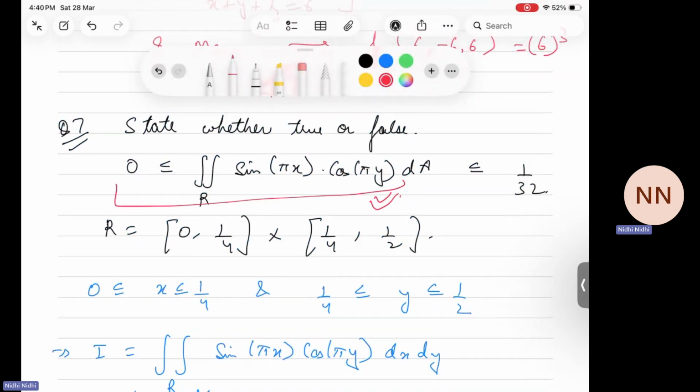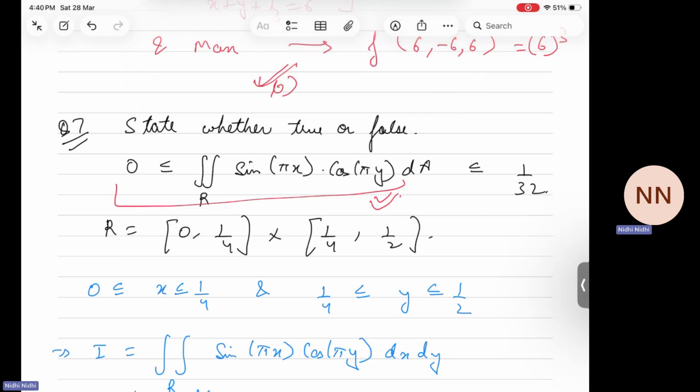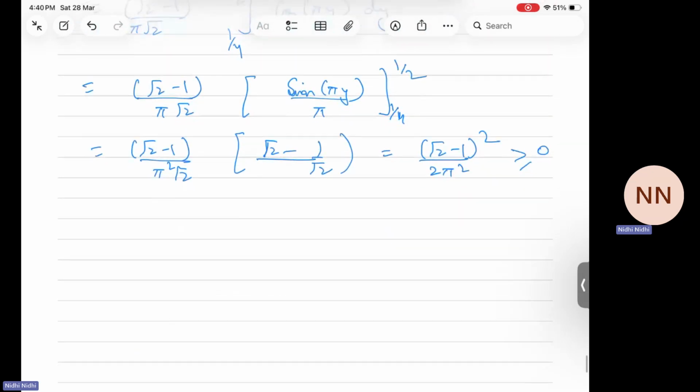Next, we need to see whether it will be less than 1 by 32 or not. So firstly, let's see when it will be less than 1 by 32. Now, I is exactly equal to root 2 minus 1 square by 2 pi square.